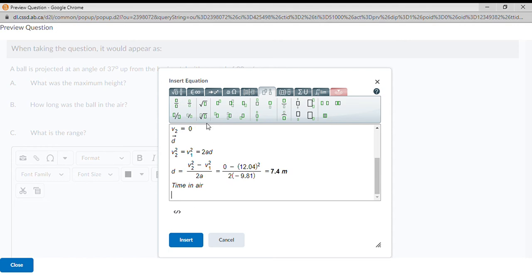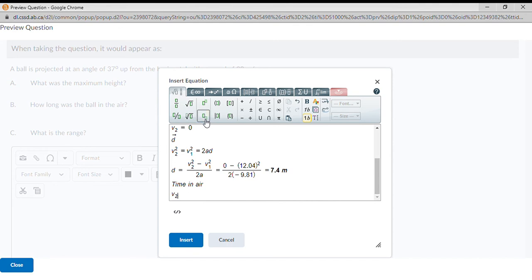What we have here is that v2 is equal to 0 because we are at maximum height.